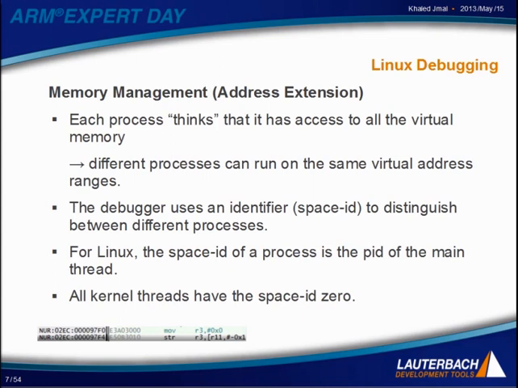For Linux, the space ID is simply the PID of the main thread of an application. So if you have a single-threaded application, it is the PID of the process. If you have a multi-threaded application, all threads have the same space ID, which is the PID of the main thread. And for the kernel, we use the space ID 0.